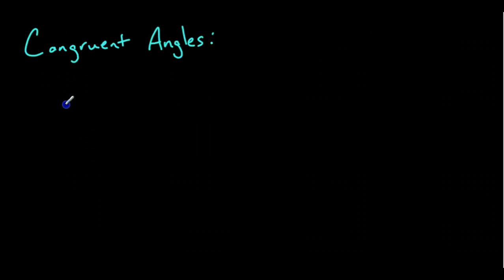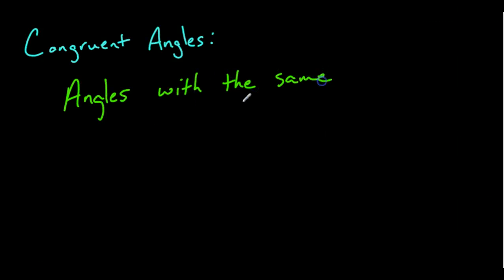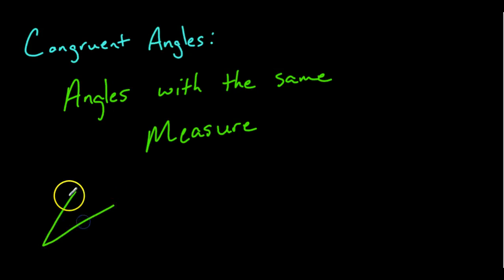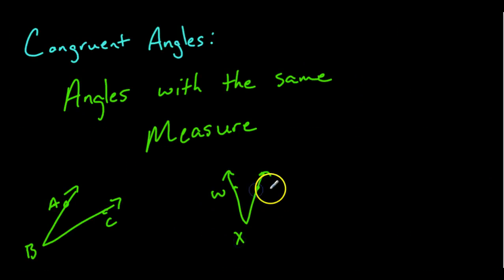All right, congruent angles. Let me keep plowing through here. Congruent angles are angles with, you guessed it, the same measure. Okay, so if this angle over here, call it ABC, and we'll give another angle over here, and they don't have to face in the same direction, so these two are opened in different ways, but that's okay, WXY.